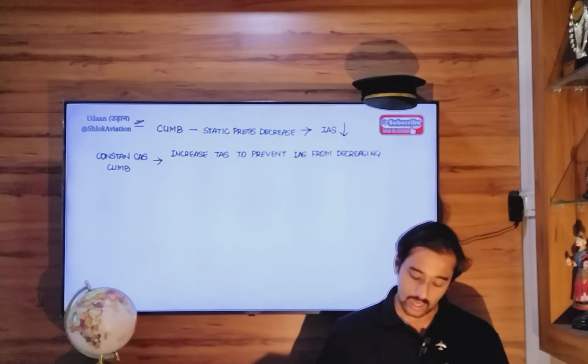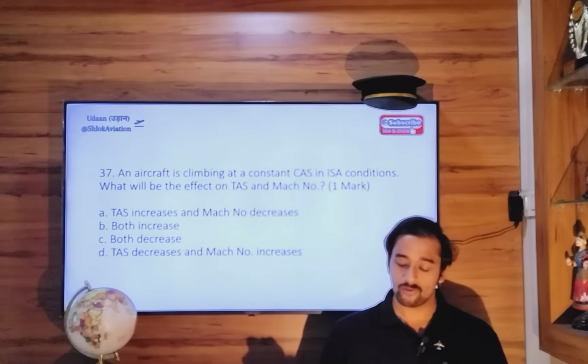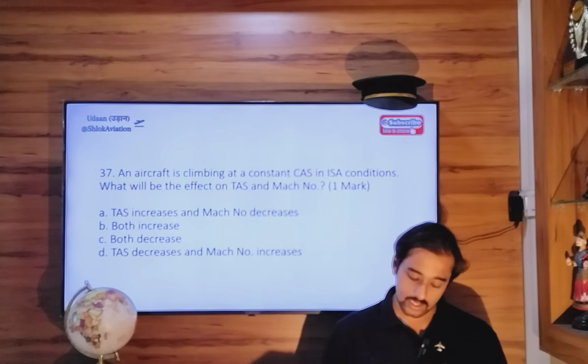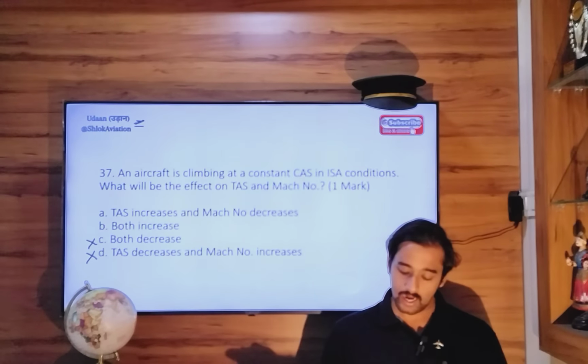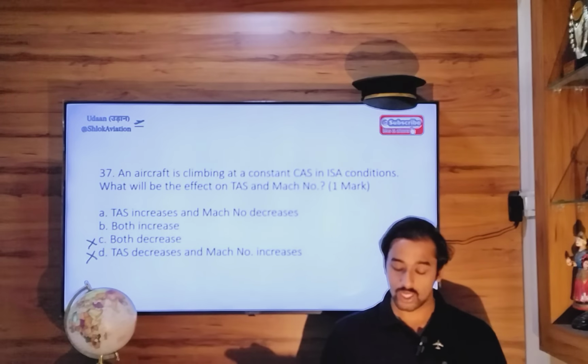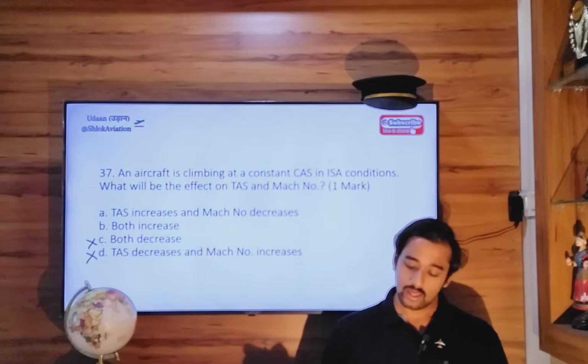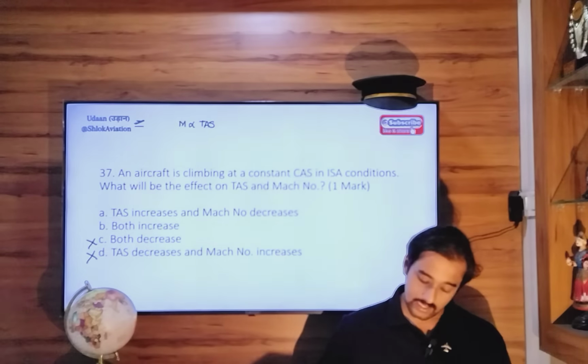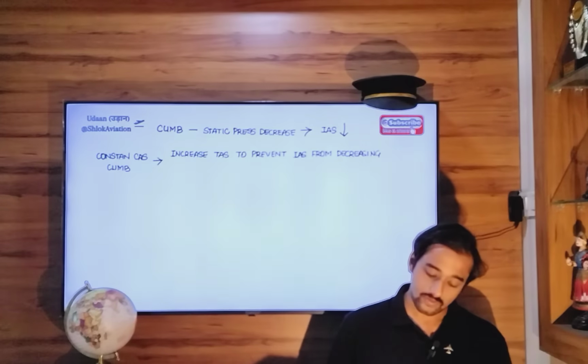Okay, so as you climb to higher altitudes, what will be the effect on TAS? Your true airspeed should increase. So Charlie and Delta are eliminated. Now Mach number. Mach number is directly proportional to true airspeed, right? Let's take two conditions.